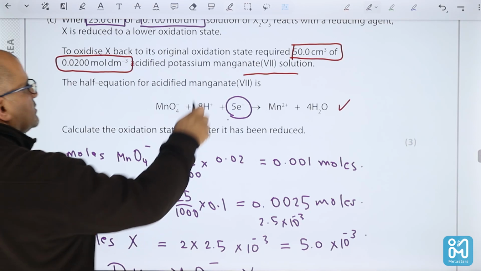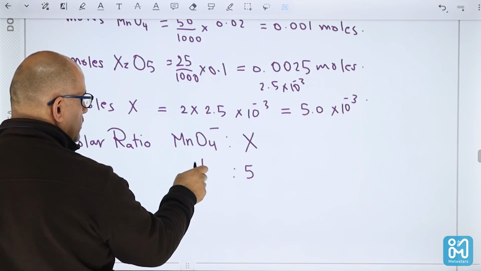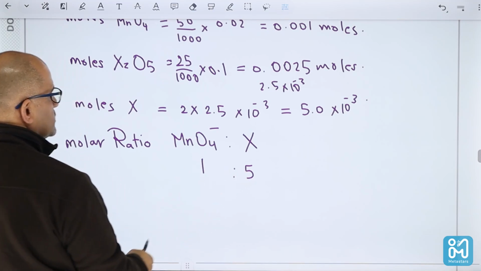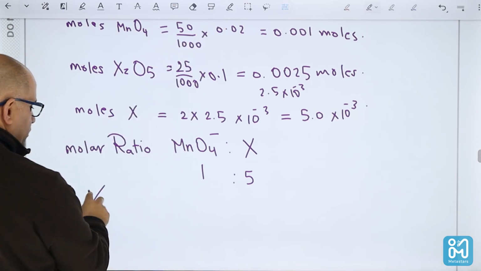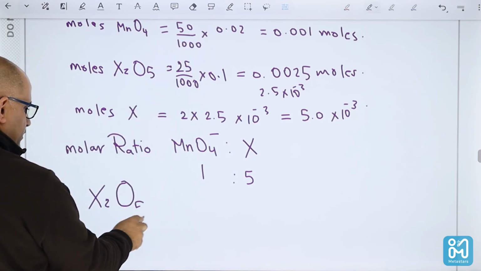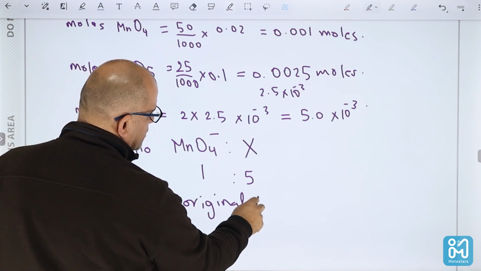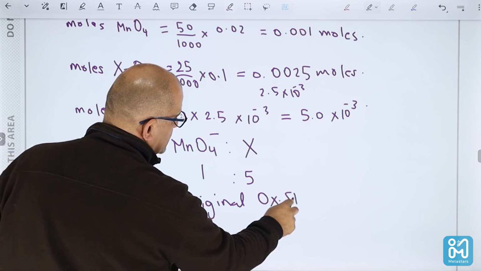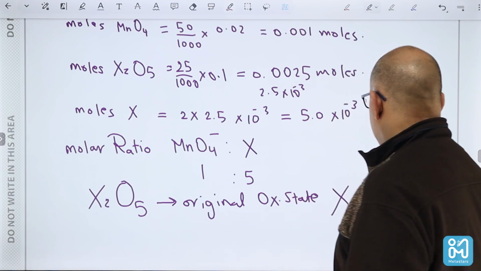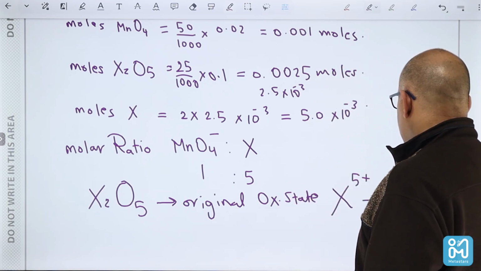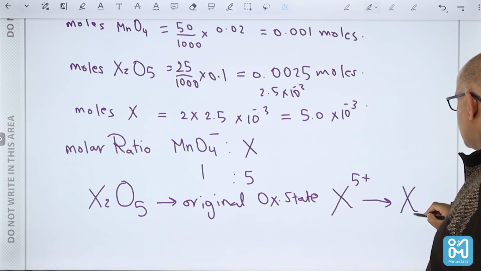This means that since the ratio is 1 mole to 5 moles, in X2O5 the original oxidation state is X positive 5. So it is changed to X what?